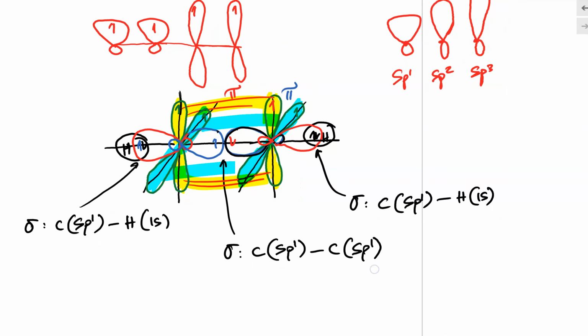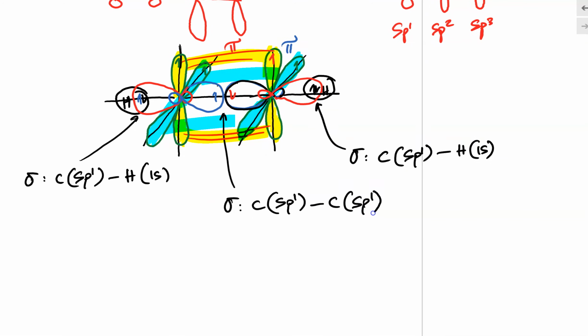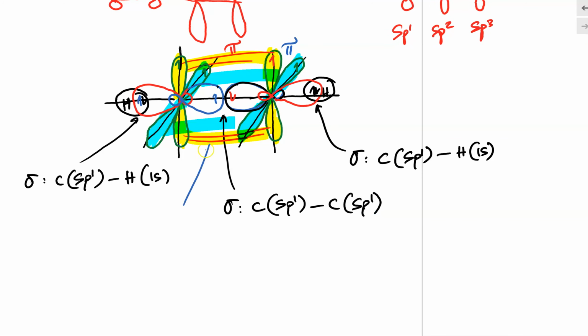And now let's label this pi bond right here. So let's go ahead and label this pi bond involving the p orbital in yellow. So this is a pi bond that is basically produced by a carbon using its 2p y orbital to the other carbon using its 2p y orbital.